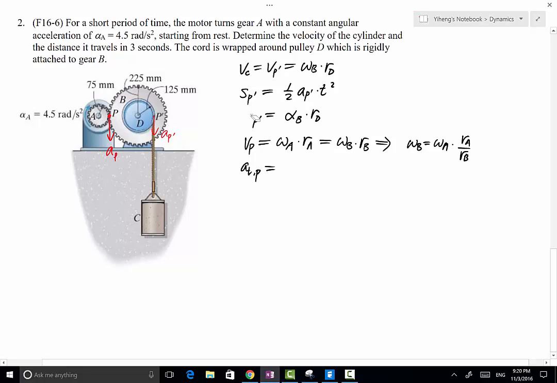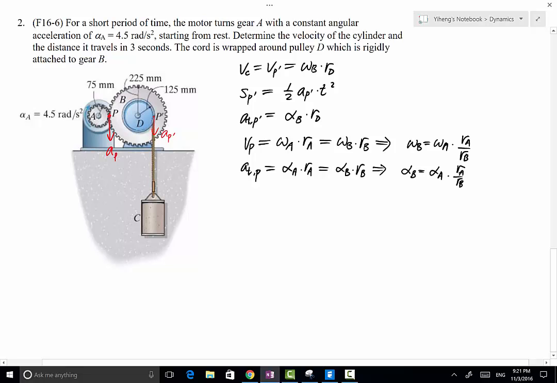Over here it's the same. This is ATP prime. This equals alpha A times Ra evaluated from gear A, but at the same time it's the same as alpha B Rb evaluated from gear B. Therefore, from here we can determine that alpha B also equals alpha A times Ra over Rb.